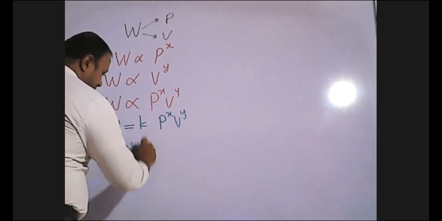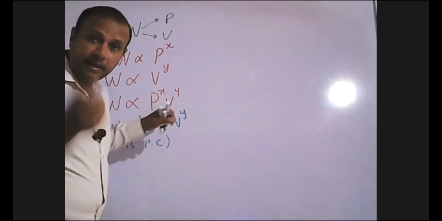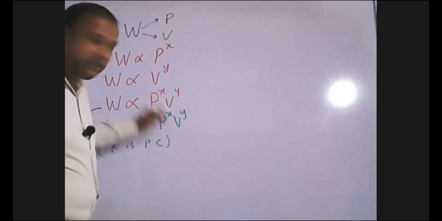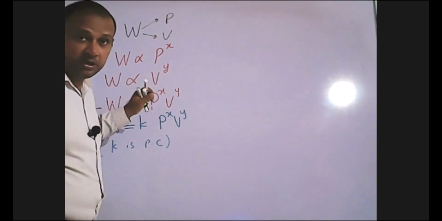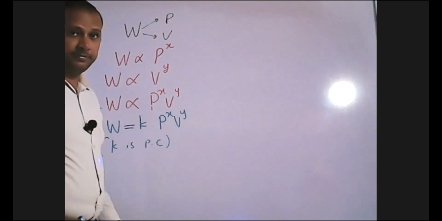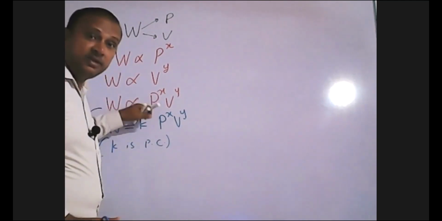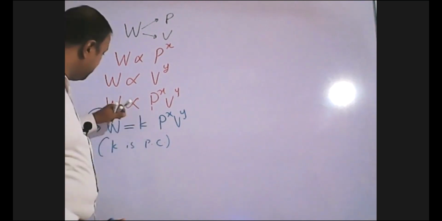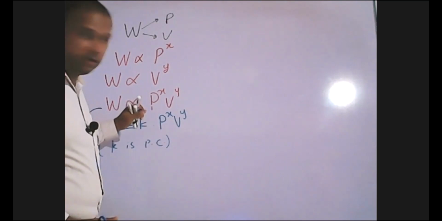As I told you earlier, if any two physical quantities are directly proportional, the ratio between them is a constant. According to the definition, I can convert this relationship into an equation because these two physical quantities are directly proportional.